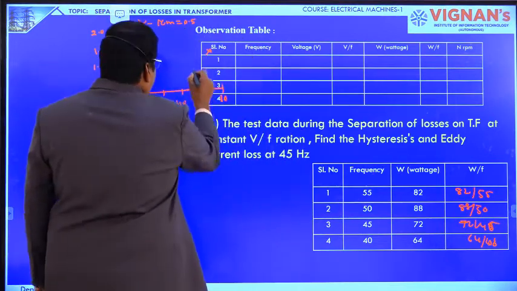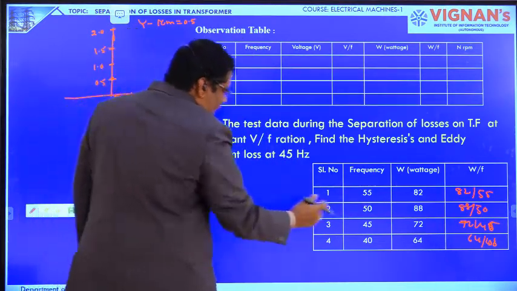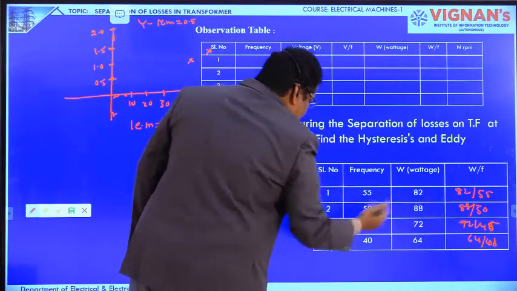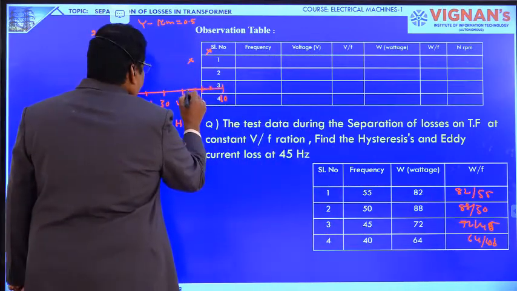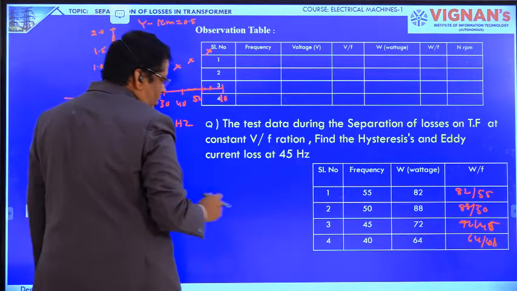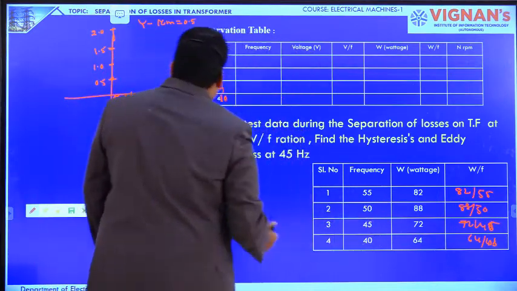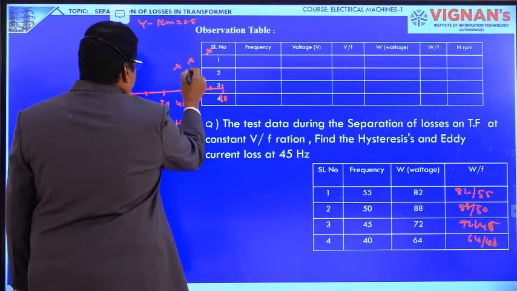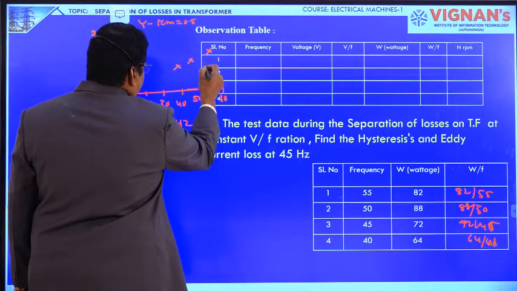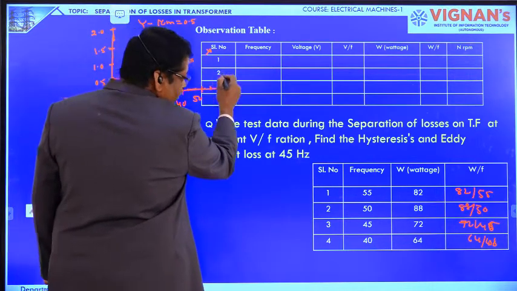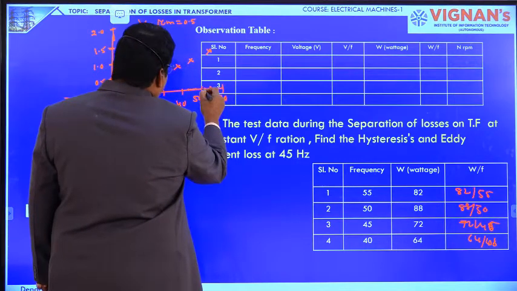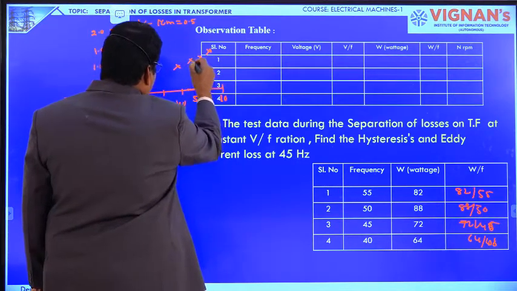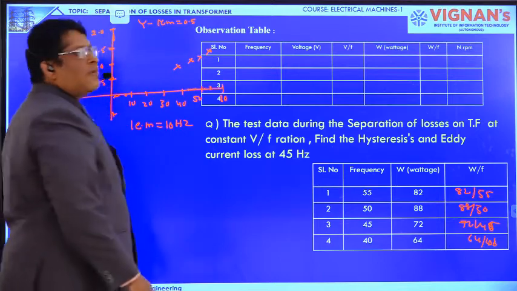Next 45 and some value; at 45 we get one more point. Next 40. This first one is 55, then 50, this is 45, this is 40. In this manner we get the points.